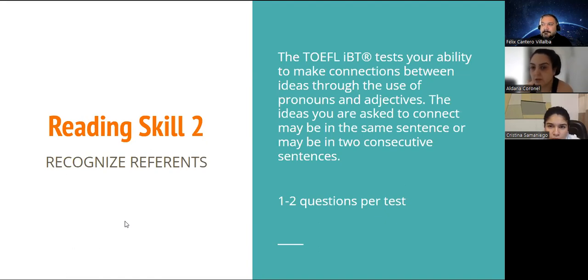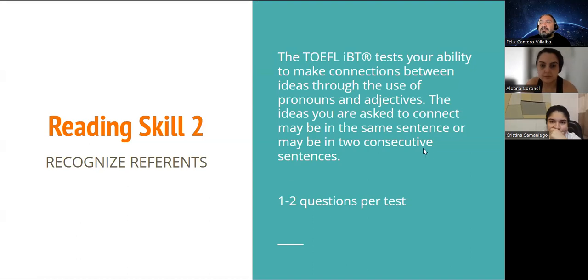The ideas you are asked to connect may be in the same sentence or in consecutive sentences. Yes. So these kinds of questions appear once or twice per test, but it is a skill that we study anyway because it's very important for reading comprehension in life.